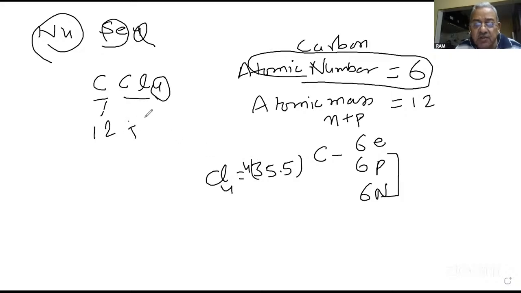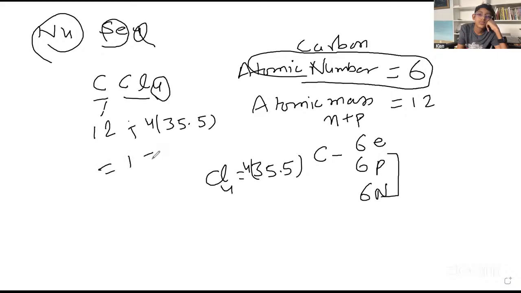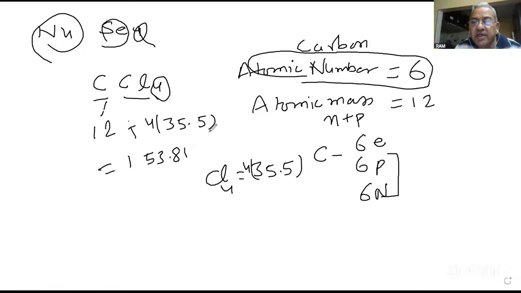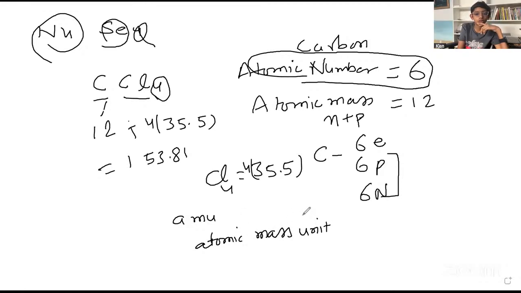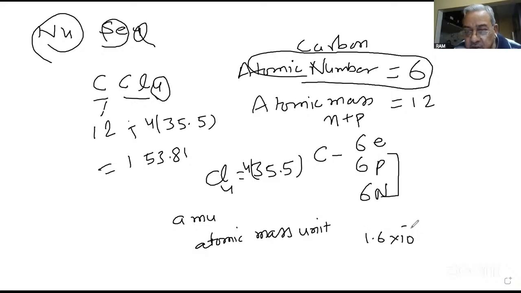So 12 plus 4 into 35.5 will come to 153.81, and it is in atomic mass unit, not gram. Mass will be 1.6 into 10 raised to power minus 23 gram, and this is known as 1 AMU, 1 atomic mass unit.